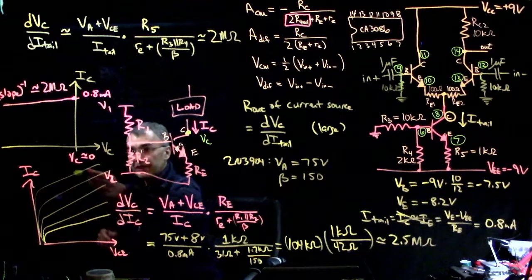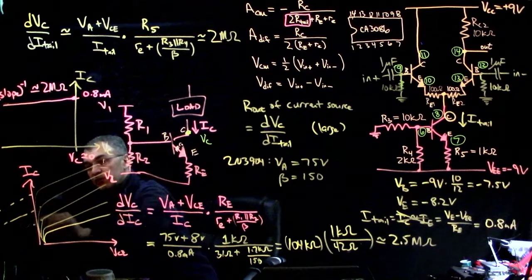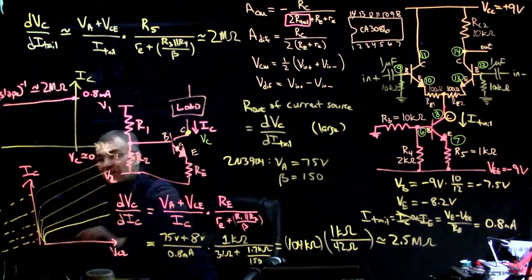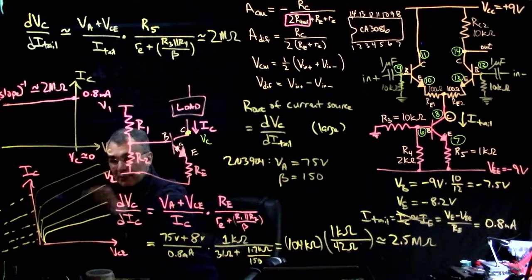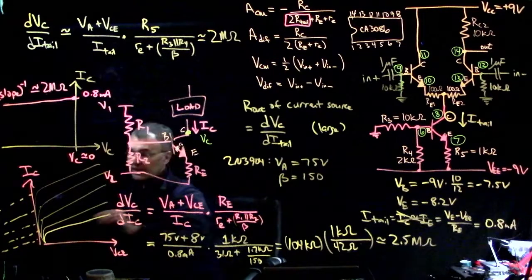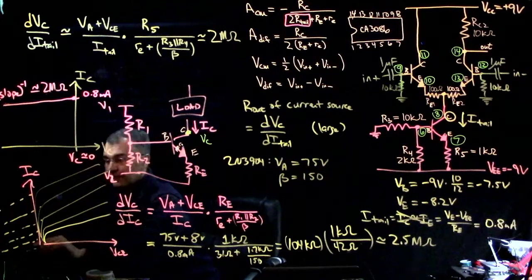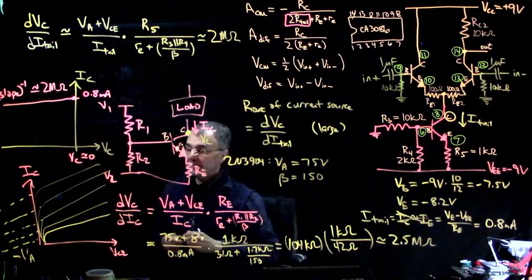But a real-life transistor does have some slope here, and if you extrapolate all of these lines, they meet at some point on the VCE axis, and that point is called negative the early voltage.